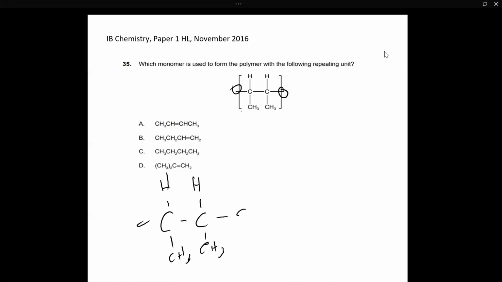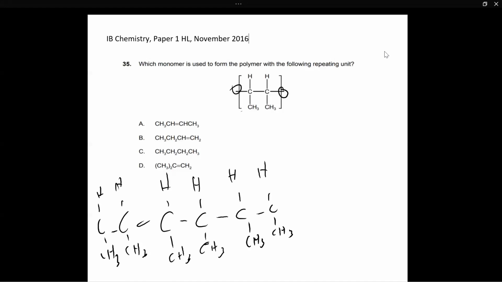So at this end, we have another monomer. And now this chain goes on forever and ever into both directions. And that's how you get big polymers, right?